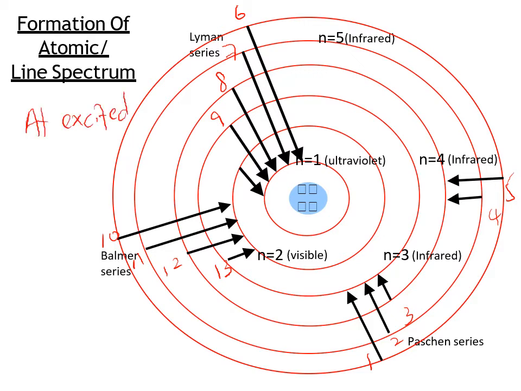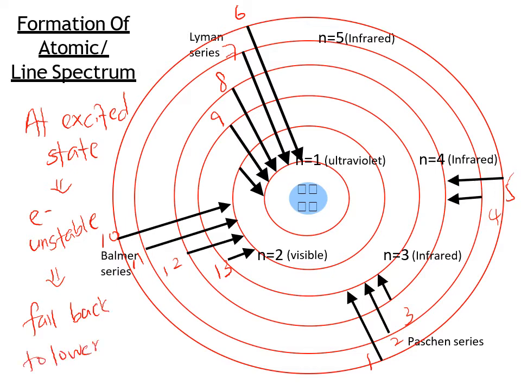If you still remember, when they are at the excited state, the electrons are unstable. So at one moment, they will fall back to lower energy level. But when they fall back, it doesn't necessarily mean n equal to 1. Some of the electrons will drop to n equal to 1, some drop to n equal to 2, and some drop to n equal to 4 and 3.